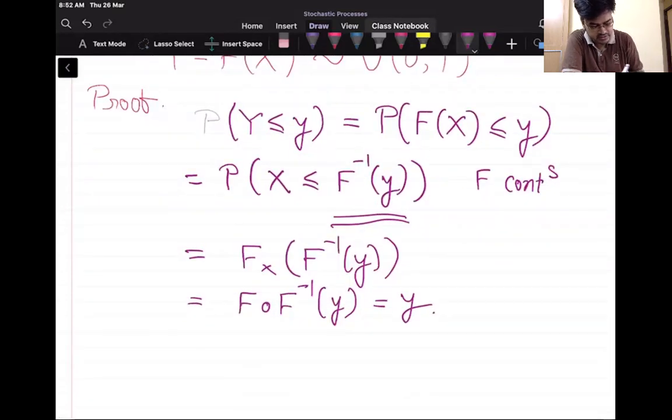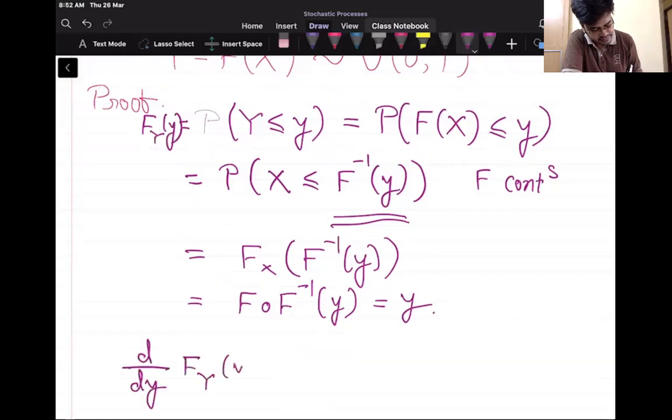Essentially, if I want to find the PDF of this random variable, I will call this F_Y of y. Then I will just differentiate, d/dy of F_Y of y, which is equal to 1, where this y is F of X, so it has a range between 0 less than or equal to y less than or equal to 1.